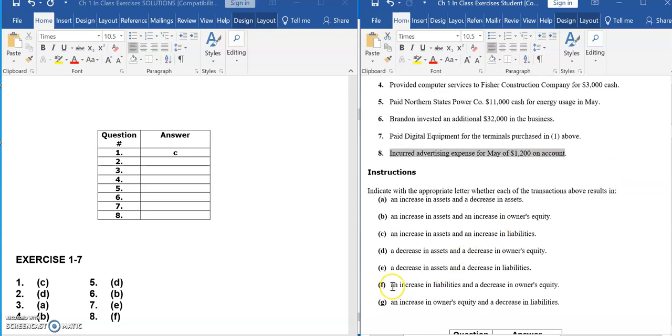Thus, there was an increase in our liabilities because we now owe for that advertising expense, and a decrease in owner's equity because we've incurred the expense. Notice that we record the expense as soon as it's incurred. We don't necessarily wait for it to be paid. Record revenues when they are earned, and record expenses when they are incurred.